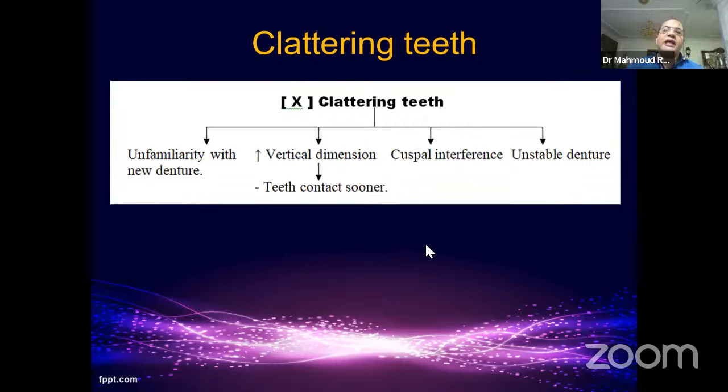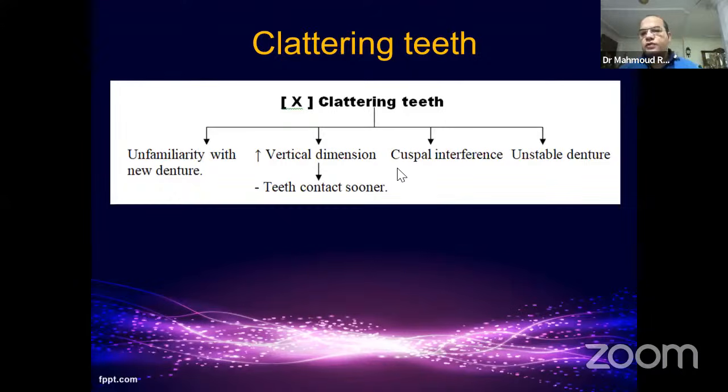Okay, we are now talking about the problem of teeth clattering. Teeth clattering may occur from unfamiliarity with the new denture. If your denture is new, it is normal when your patient speaks that his teeth clap with each other, making a clattering during speech.